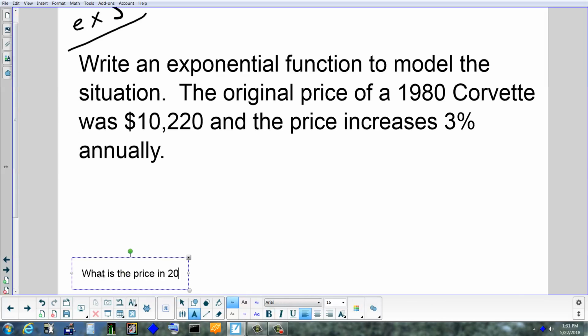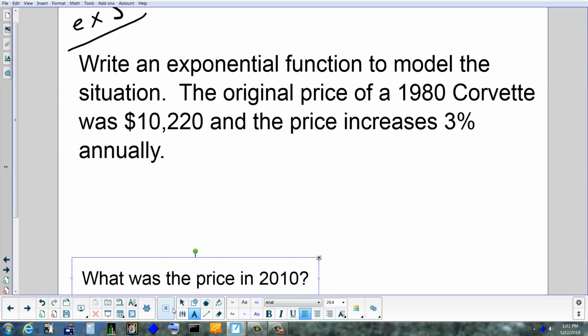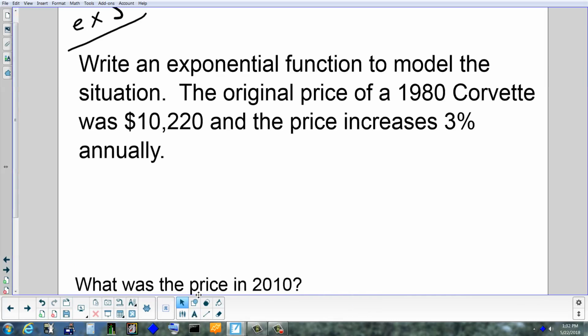Why isn't it possible for me to solve that? Because there's no time. Exactly. There's no amount of time there. So all I'm doing is just setting it up, and that's it. If it doesn't give you the amount of years, you can't solve.